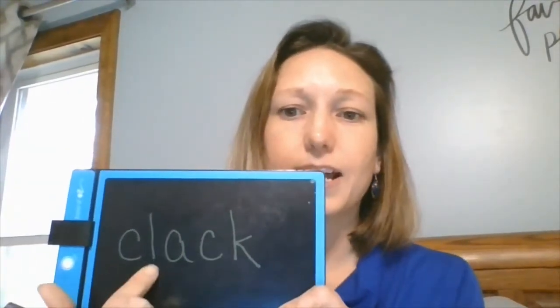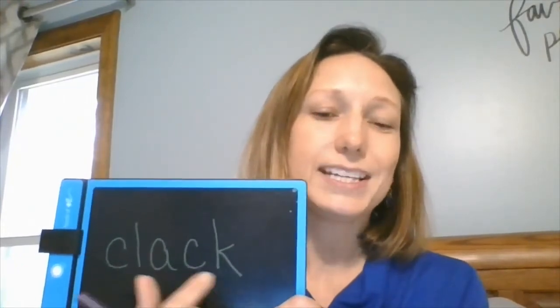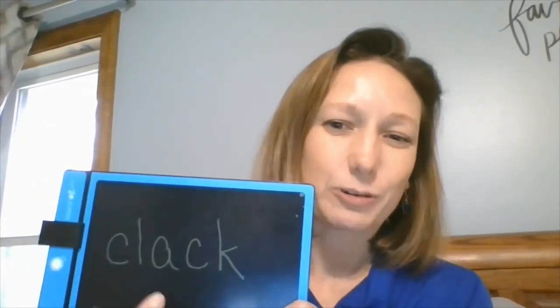We hear k. How did you spell clack? And think about your vowel sound. C-L-A-C-K. And why did we use CK? Long spelling right after short vowel. Our A said ah, and then we heard k, so we knew we had to use CK.